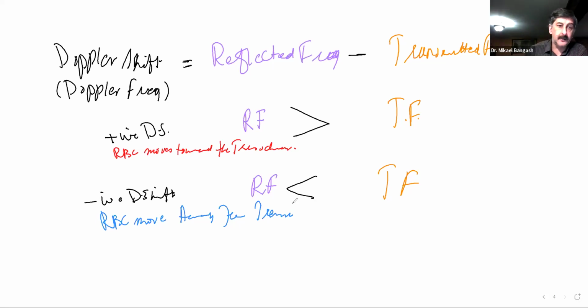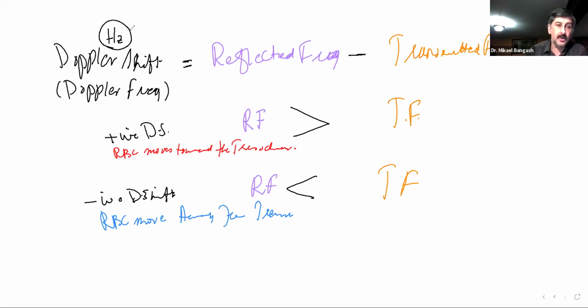Now, guys, to begin with, this Doppler shift is called a Doppler frequency mainly because it is going to be detected by the system using the unit of frequency, which is hertz.